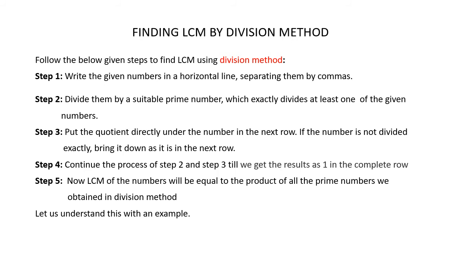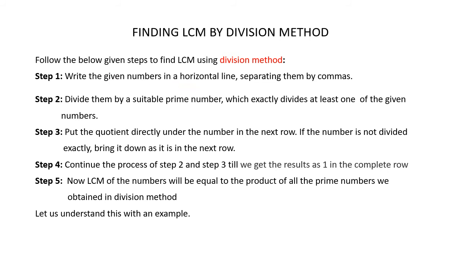Now let's understand how to find LCM by division method. You can find LCM by division method in 5 easy steps. In step 1, write the given numbers in a horizontal line, separating them by commas.